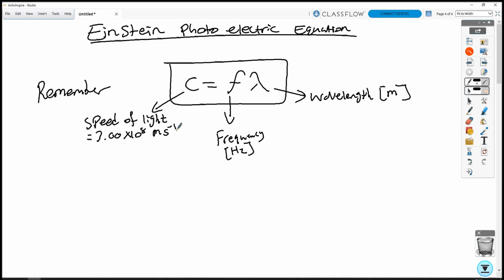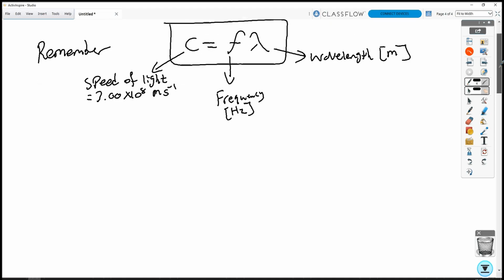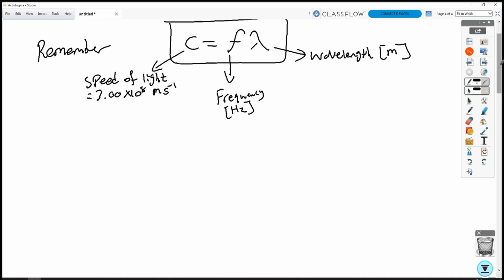So the equation for the energy of a photon tells a story. It's Einstein's photoelectric equation. The energy of the photon was given to the electron. The electron uses a certain amount of energy to escape its well, and whatever energy remains from what it had from the photon, it then uses as kinetic energy. So we write this down as a sort of story that happens.